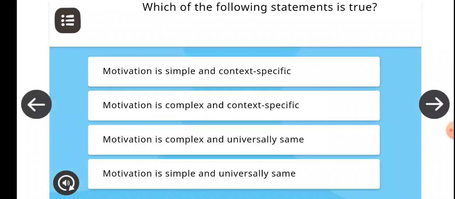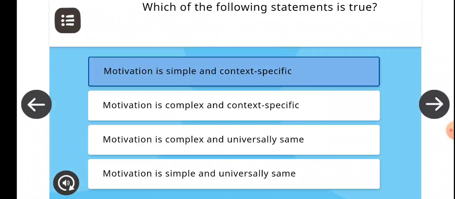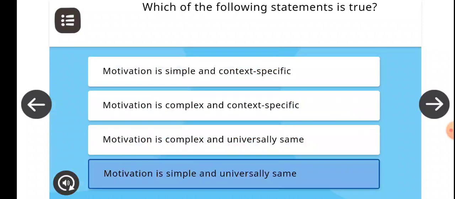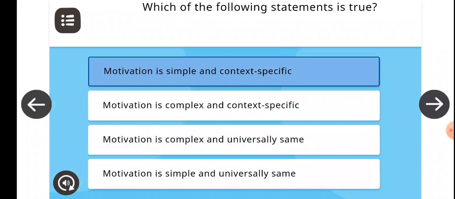Next question: which of the following statements is true? We need to find out the true statement among these four. It is all about motivation, I think. Let's see. First one, motivation is a simple thing. Motivation is not a simple thing. In order to bring motivation from the students, we need to do many more activities, such as stories or simple activities, many things.